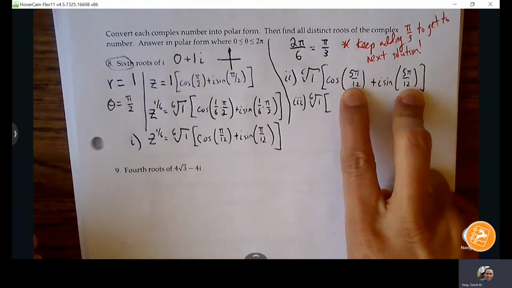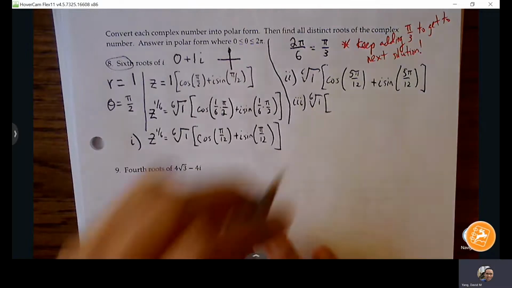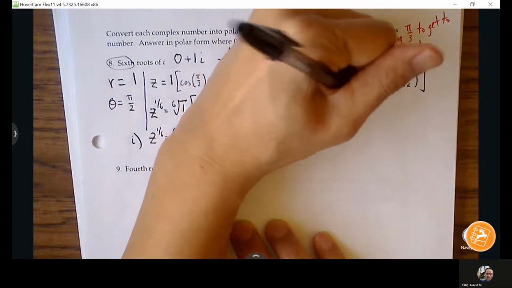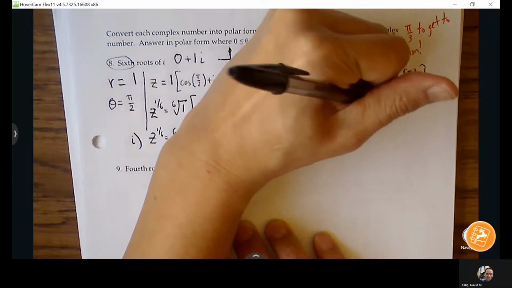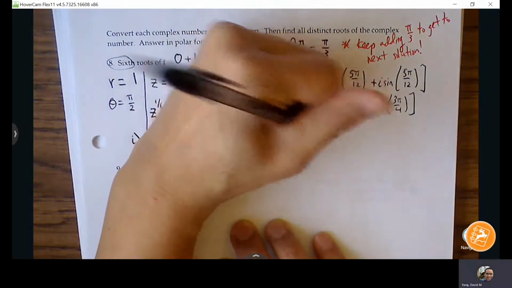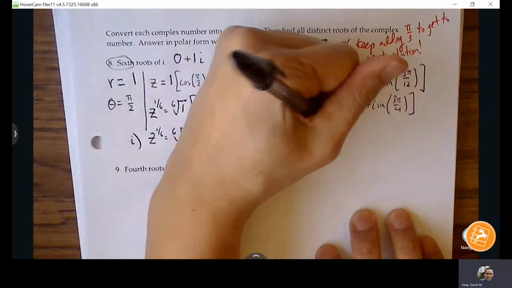Keep adding 1/3. Next step is 3/4. Add 1/3 again. 13/12.